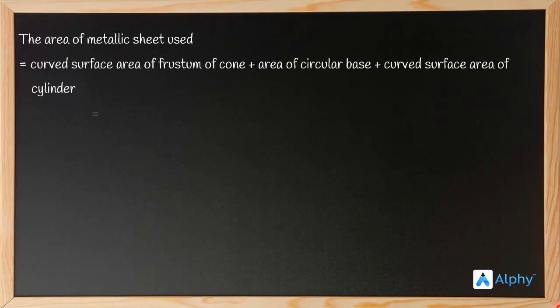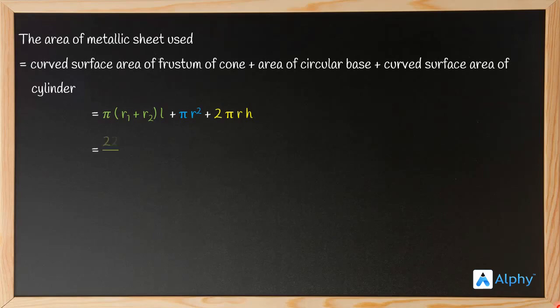By putting in the formulas, we get pi (R1 plus R2) into L, where R1 is the radius of the larger circular end, R2 is the radius of the smaller circular end and L is the slant height. Pi r square is the formula for area of the circular base, where r is the radius of the smaller circular end, and 2 pi rh is the curved surface area of the cylinder, where r is the radius of the smaller circular end and h is the height of the cylinder.